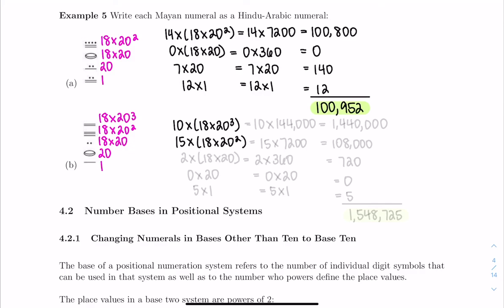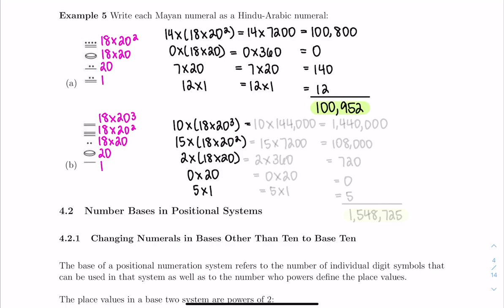The next one down is just two dots, which is 2 times 18 times 20. Then we've got that double circle, which is 0 times 20. And the last one is just a single line, which is 5 times 1.